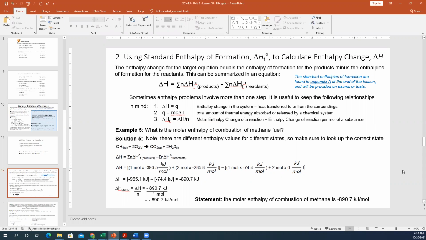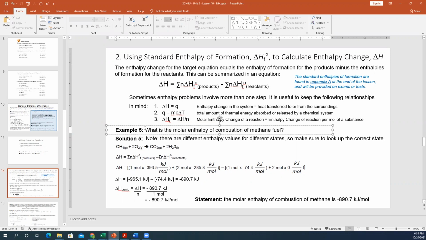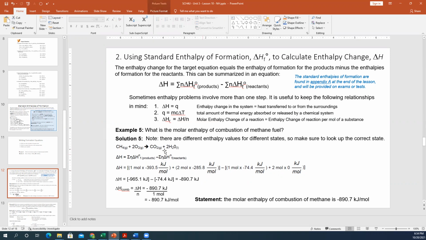So knowing all that, we can write this equation. Methane, which is CH4, plus oxygen goes to these products, CO2 gas and H2O.